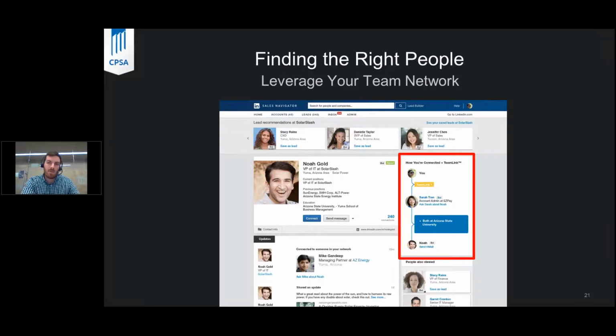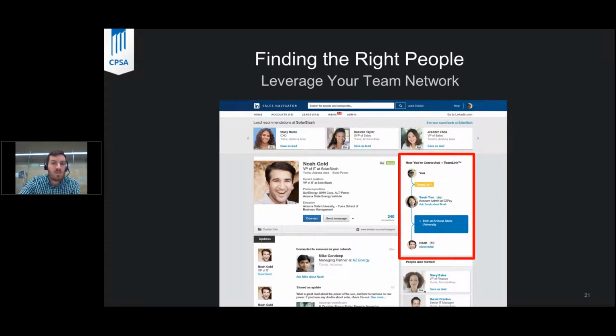This is how it works for my companies. So let's say they have 100 sales reps that each have a license. Now we can use all of those 100 networks, and easily Noah here can hop in and see who knows who. Okay, it looks like my buyer, they both went to Arizona State. I'm going to ask Sarah for an introduction to Noah here.